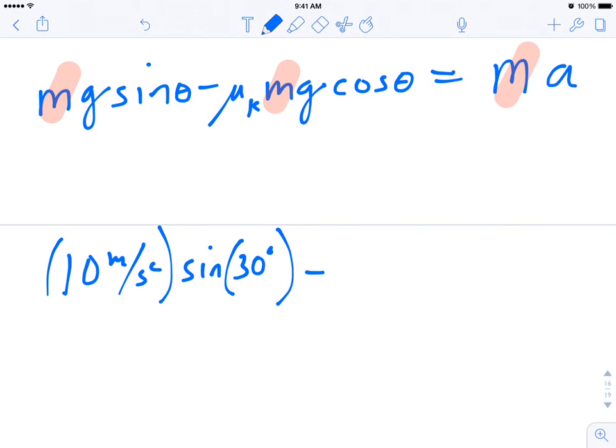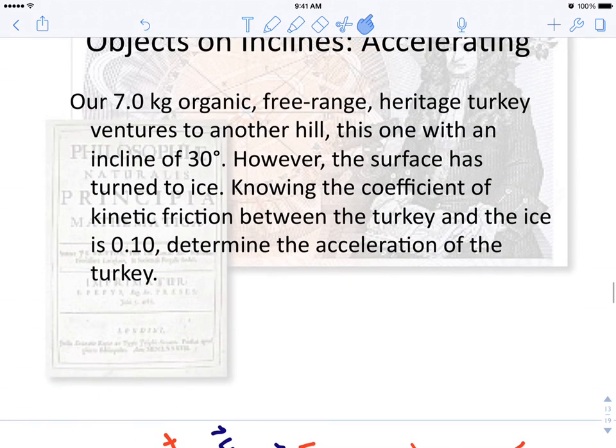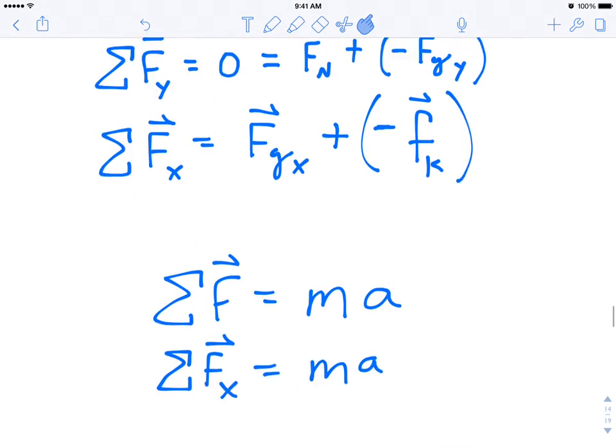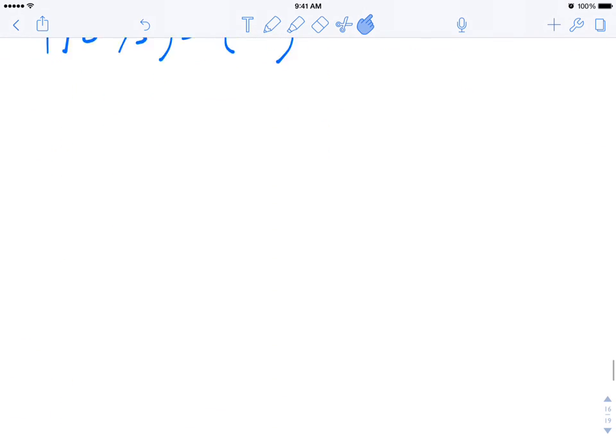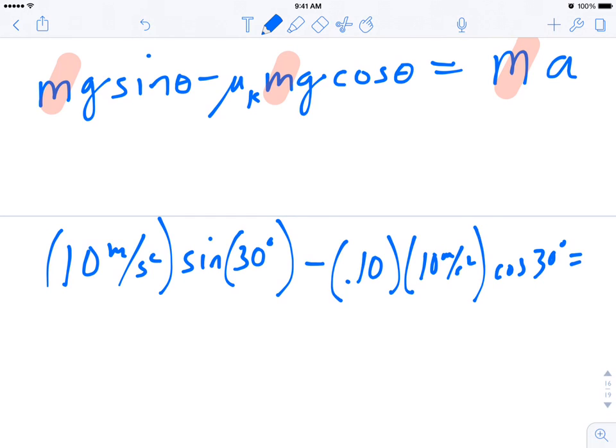Minus mu k, which we have as 0.10, times 10 meters per second squared times the cosine of 30 degrees, equal to the acceleration.